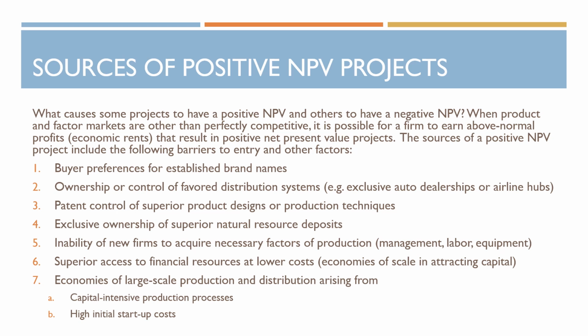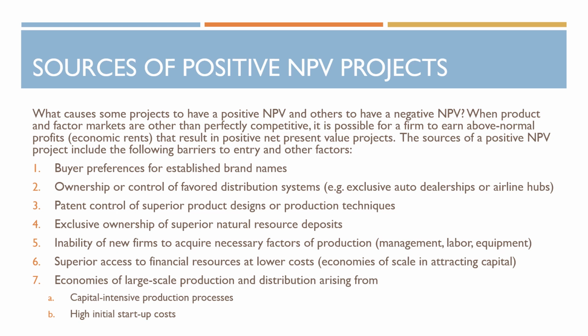so that people think the brand is well qualified, has good quality, or maybe it has a good reputation and a well-developed culture, like being environmentally established. People actually prefer buying more of this brand, which makes it easier for the firm to earn a positive NPV. Number two, ownership or control of a favorable distribution system, right?